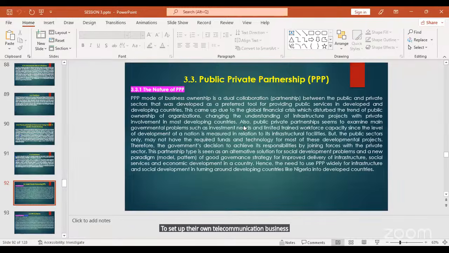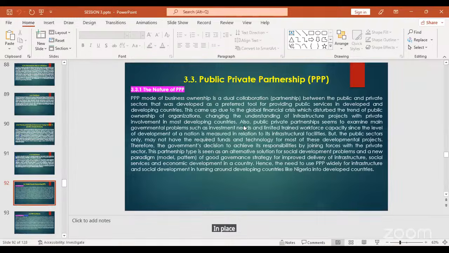So we had two then, the one they call Econet and the one they call MTN. And the moment they came on board, the leg of the government-owned one started shaking. He changed his name from Nitel to another name, like that. Eventually, it died. It died because it could not compete with the private ones in place.